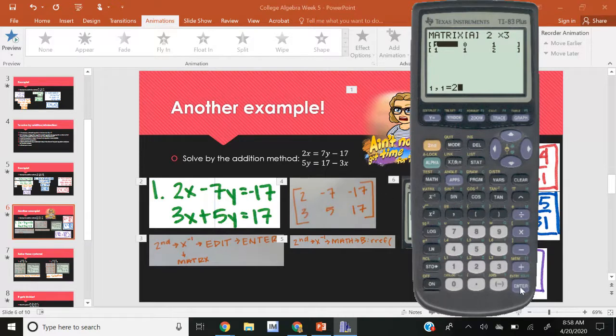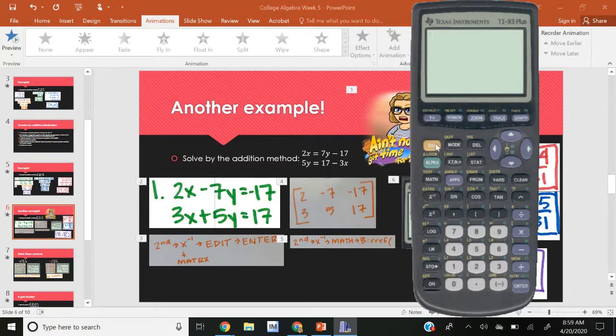So I need a 2 and a -7 and a -17. And then on the next row, I need a 3, a 5, and a +17. So make sure that you get it all entered in, looking good like that, and then you need to quit out. You have to quit out to do the next step or you won't make it work.